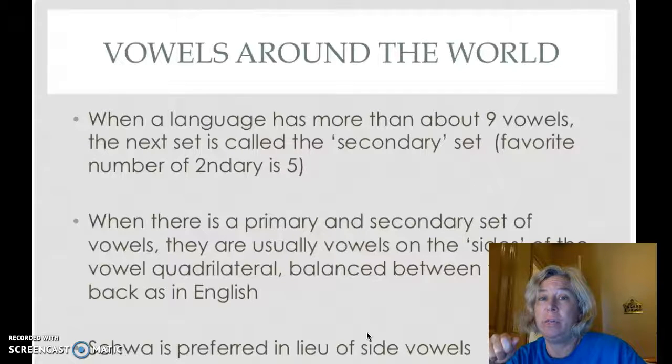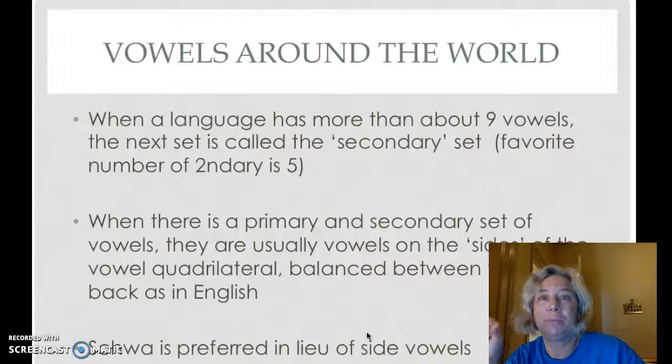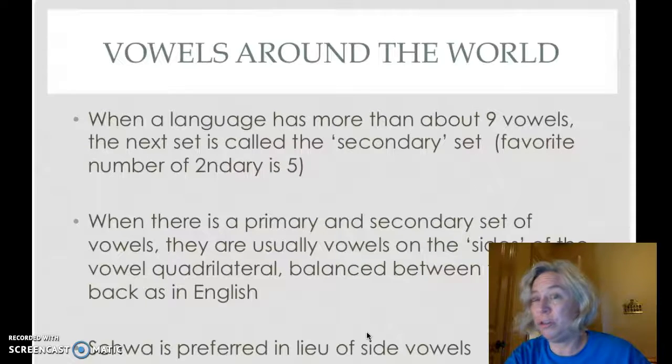Also, it might be of interest for you to know that when you have somebody who has trouble with production of vowels, whether it be because they have a hearing loss and they don't hear a lot of vowels, or they don't hear a fine distinction between vowels, or because there's a physical issue going on in the lips or the mouth, the schwa is the vowel that is most likely substituted for a vowel target.